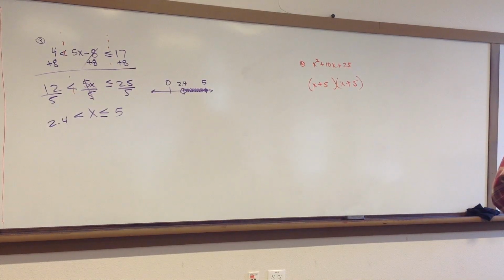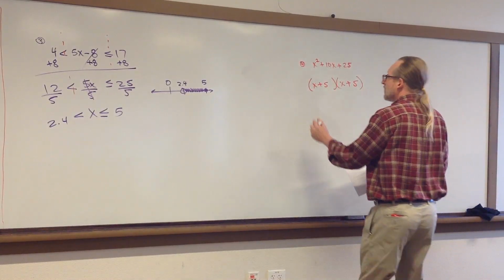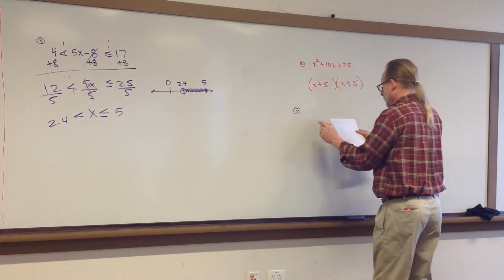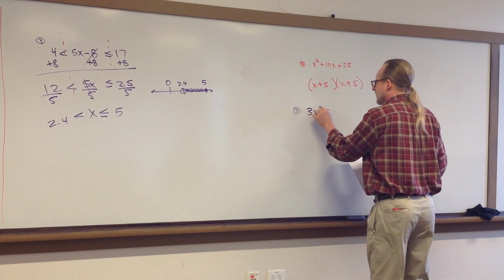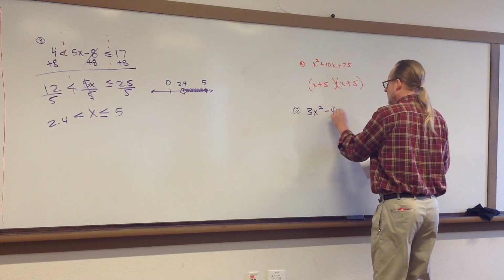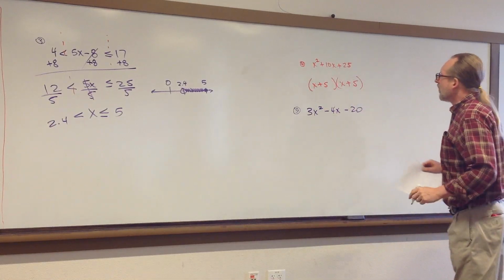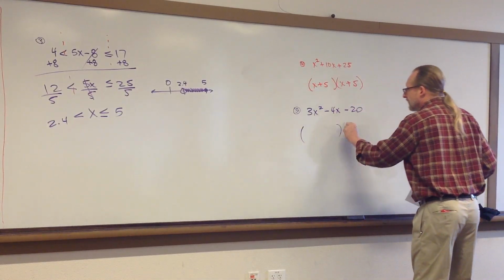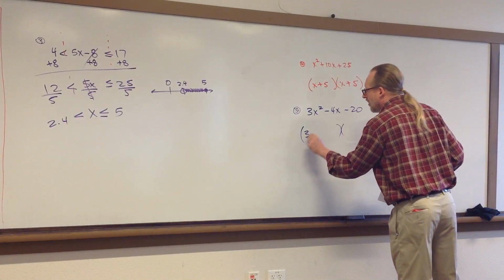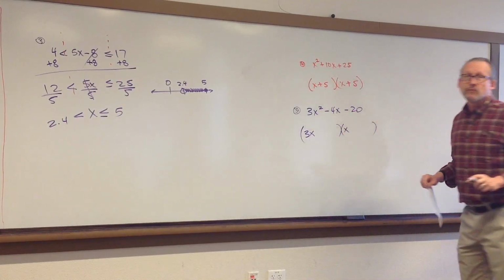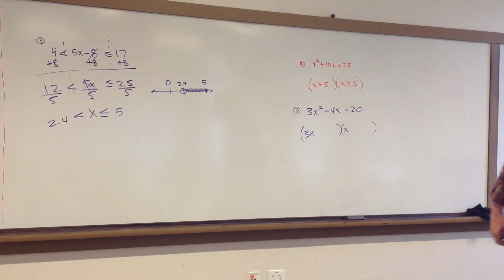Problem 5 is also a trinomial factoring problem. This one's a little bit trickier though because we've got a leading coefficient. That 3x squared makes this significantly more difficult to factor than number 4. But the fact that 3 is prime means that it can only split up one way, 3 times 1.